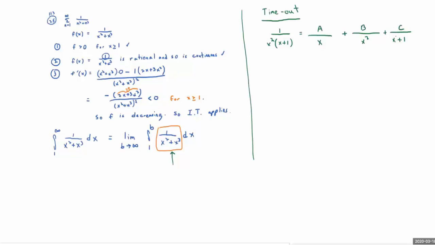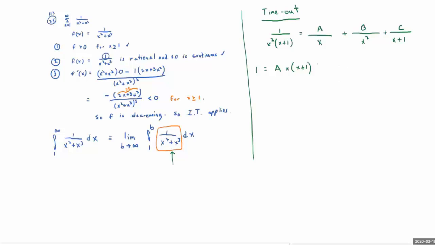Does that look familiar? Yeah, it's been a while, hasn't it? Okay, so to find the partial fraction decomposition, let's clear the fractions. What are we going to get? a times x plus 1. Do you buy that so far?